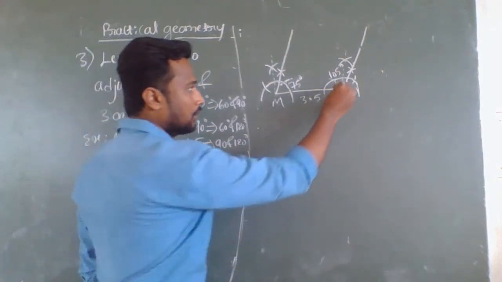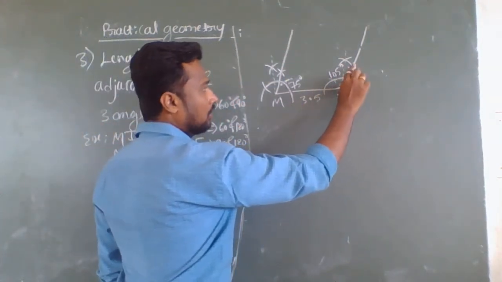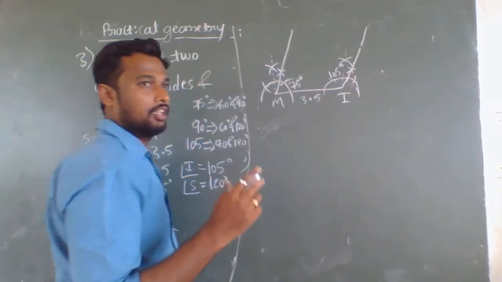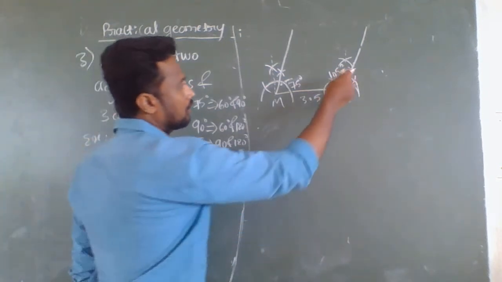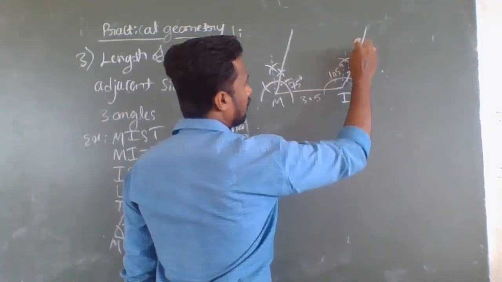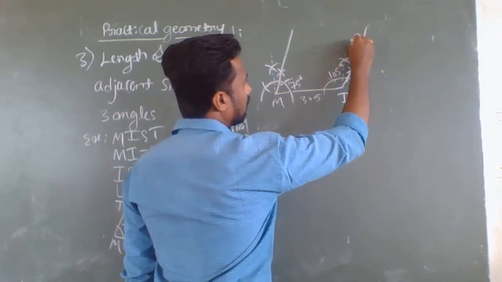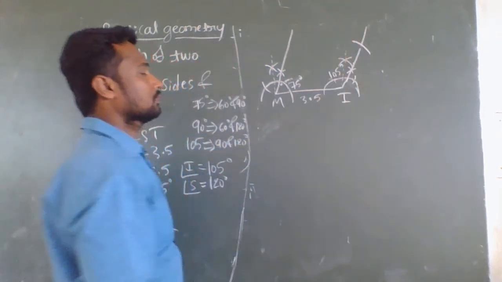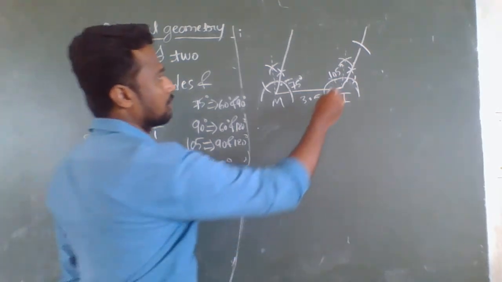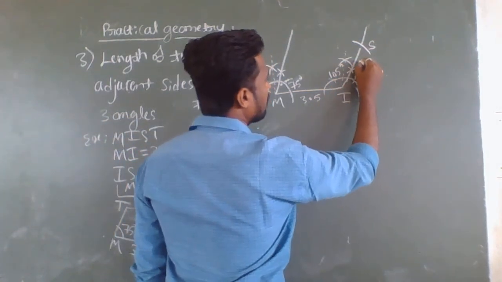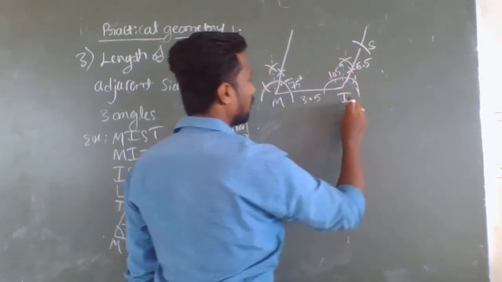So you should keep the needle on point I and take the length of the compass as 6.5 centimeters and draw an arc like this. So now we got the point S, which is 6.5 centimeters from I.